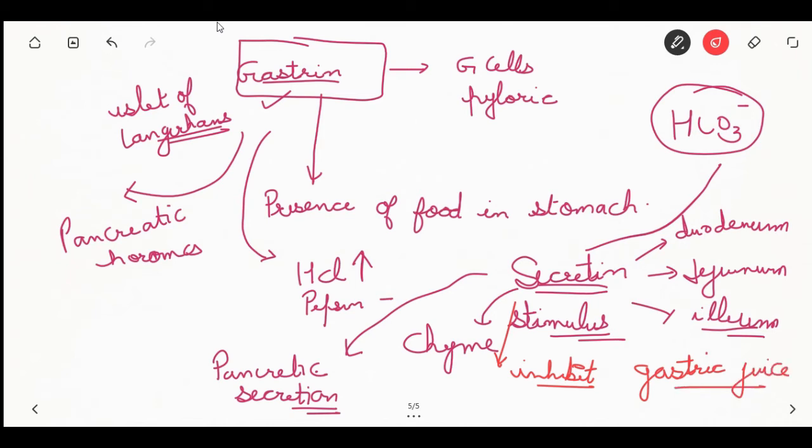That is what you have to remember for your exam. It is rich in bicarbonates, seen in the duodenum, jejunum and ileum. It also inhibits the motility of the stomach.